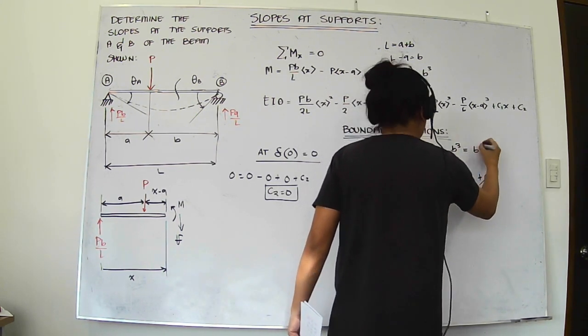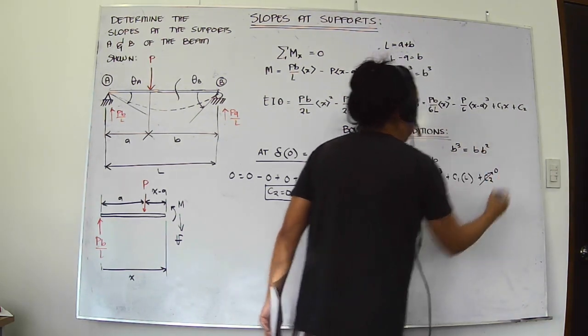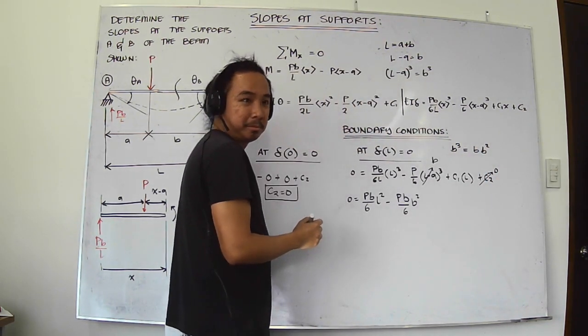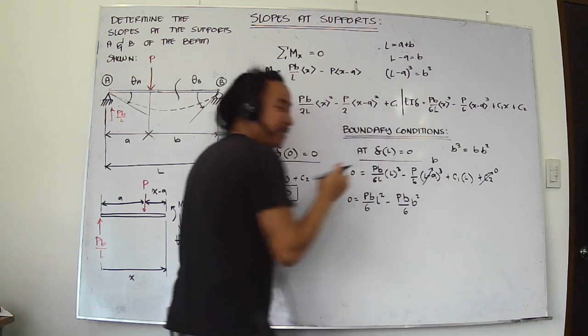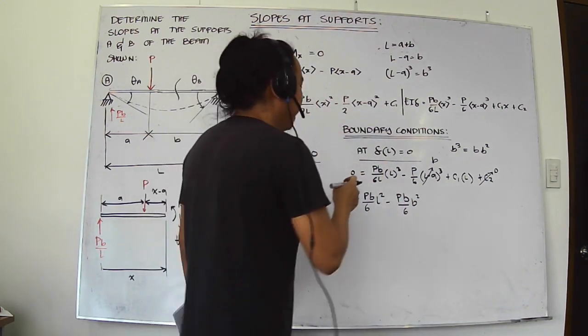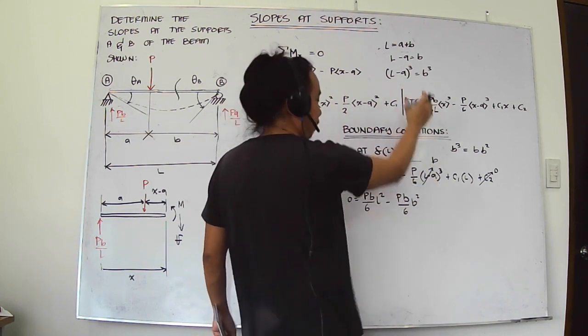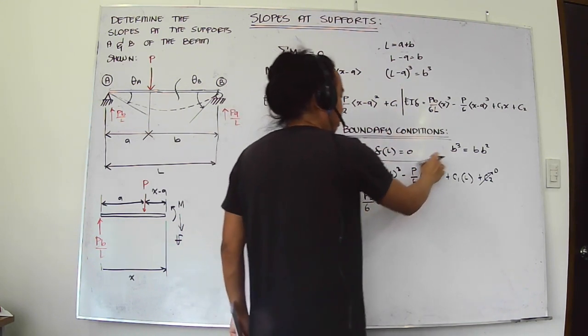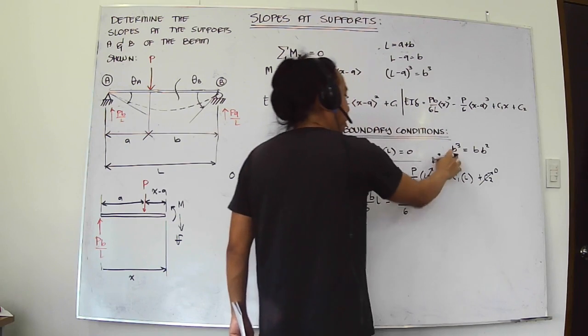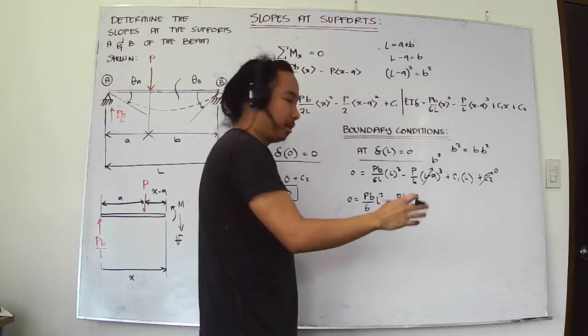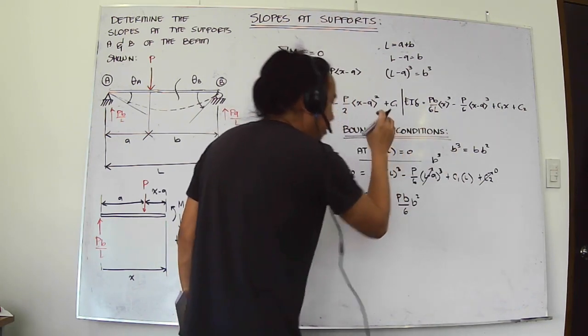Which is equal to B times B squared. Okay, so L minus A, that is B, and B cubed is equal to B times B squared.